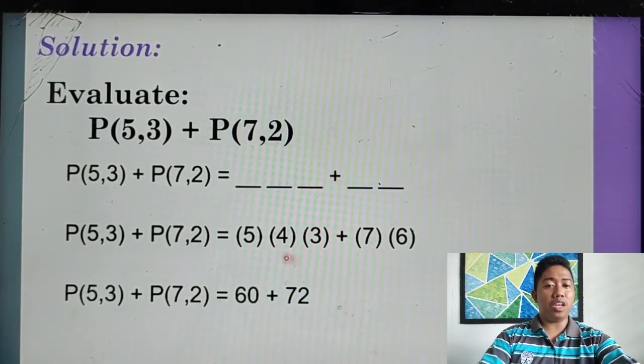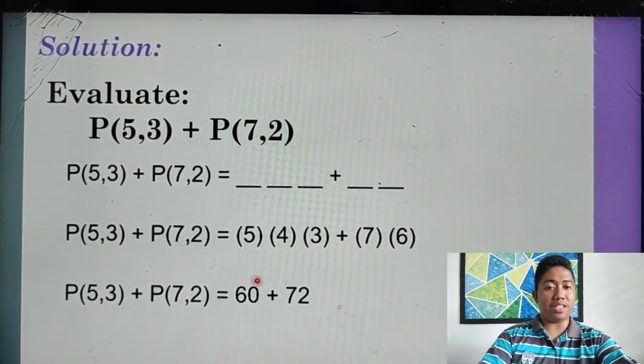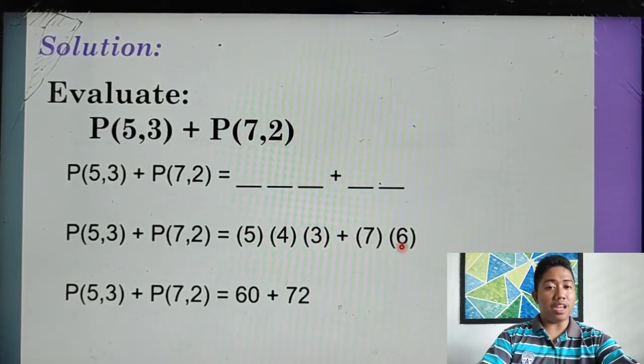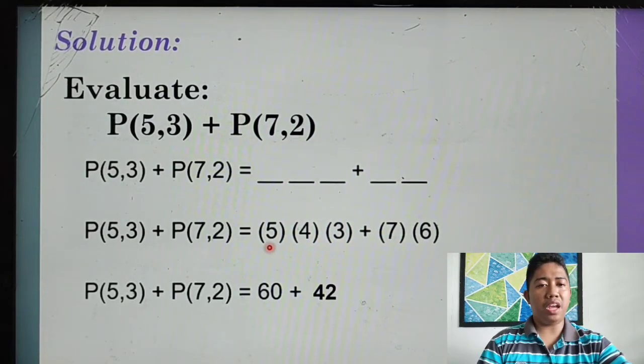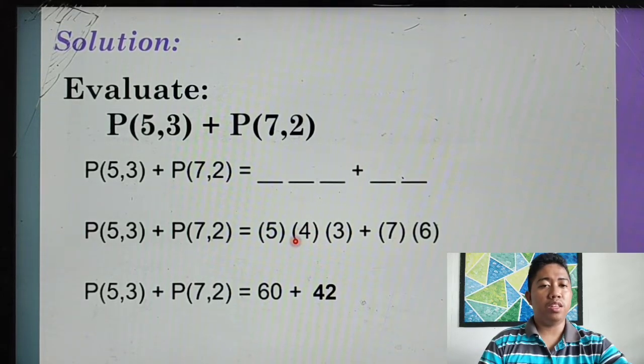Okay, the next step to do is to get the product of each term. So 5 times 4 is equal to 20, times 3 is equal to 60.